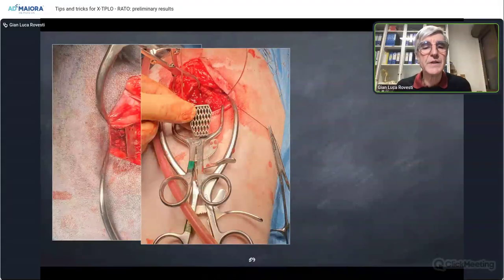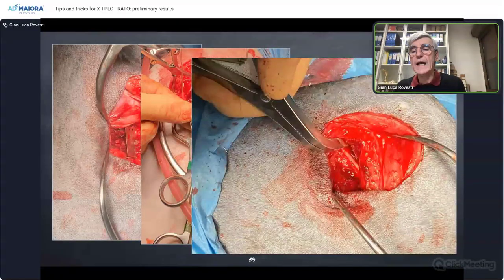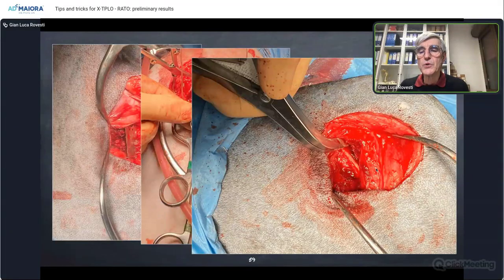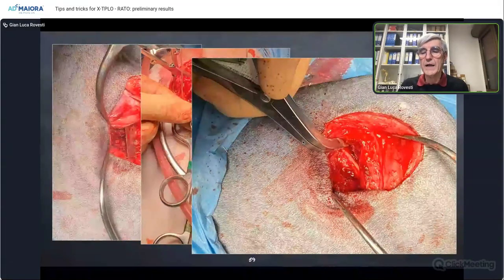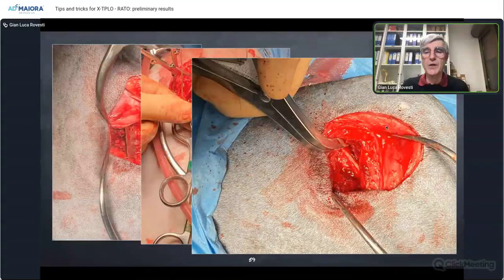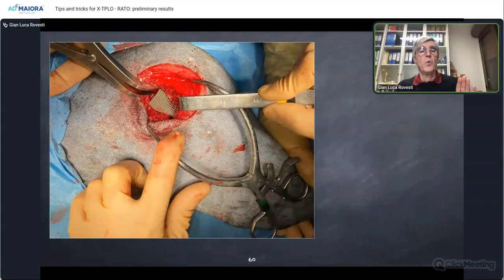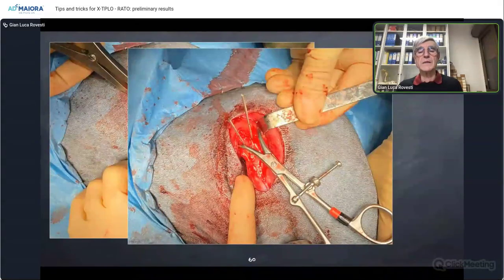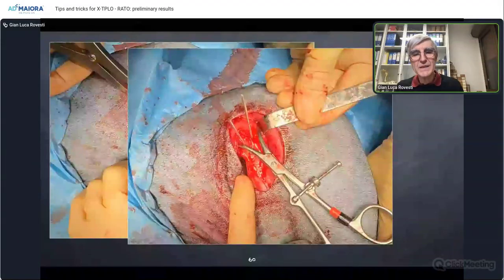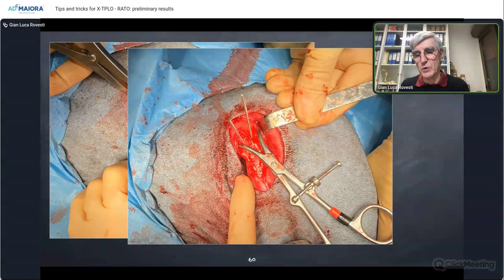So this is the wedge, the porous titanium wedge, and we can insert the wedge underneath the lateral trochanter part that was previously osteotomized. And then, as a standard technique, because this is still my standard technique, once it is inserted, we can stabilize it with 2 K-wires, 1.5 K-wires that pass through the trochanter, the wedge, and the metaphyseal part of the femur.